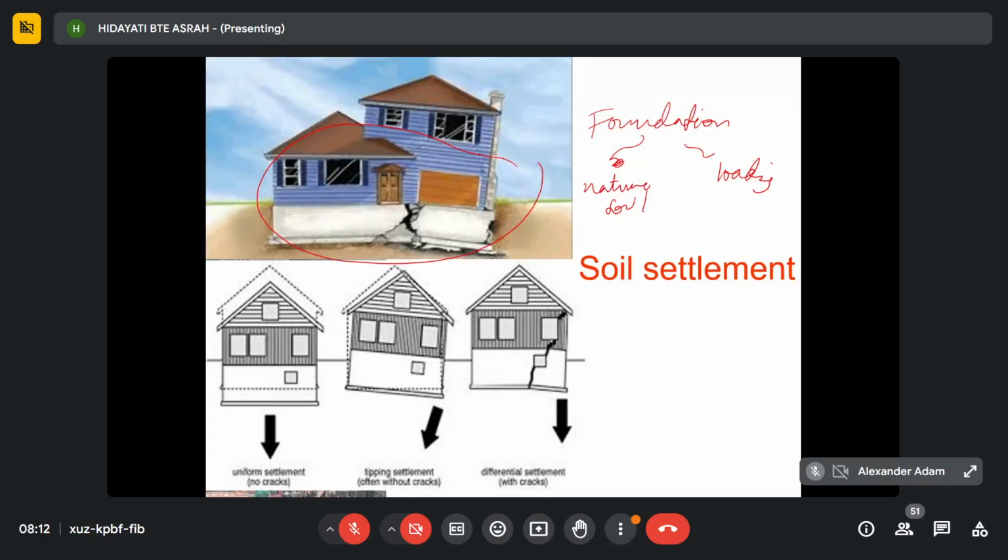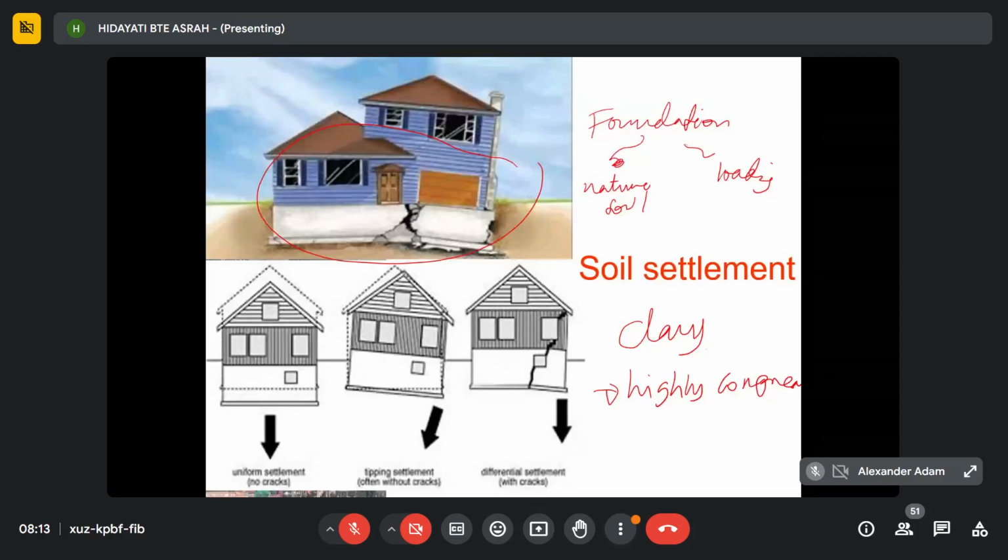Usually this settlement is caused by clay. That's why you must know the type of soil in your project site. Usually clay will give problems. When you encounter clay soil in your project, it will give you a problem because clay is highly compressible.